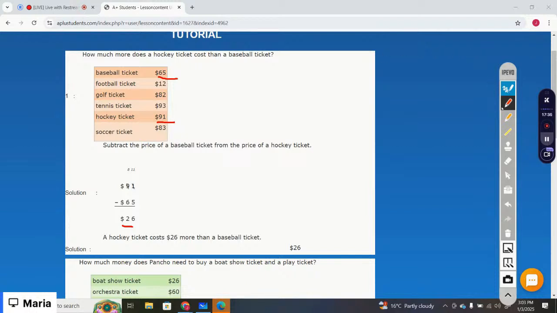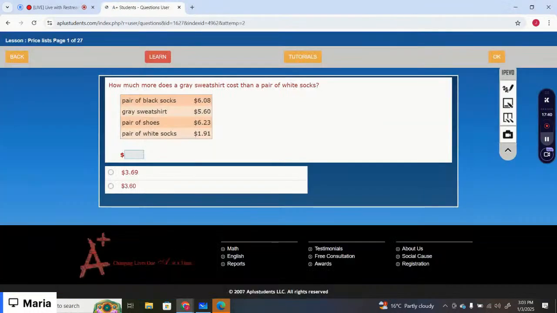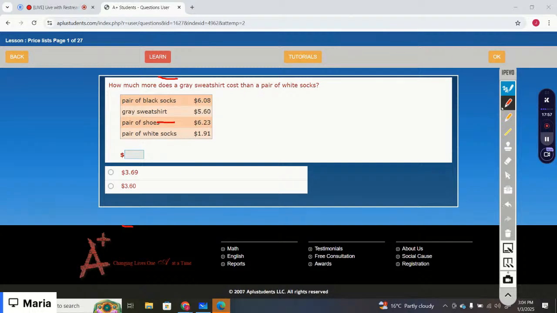Let's just start with the test questions. How much more does a gray sweatshirt cost than a pair of white socks? Okay, so the gray sweatshirt costs $5.60 and the pair of white socks costs $1.91.